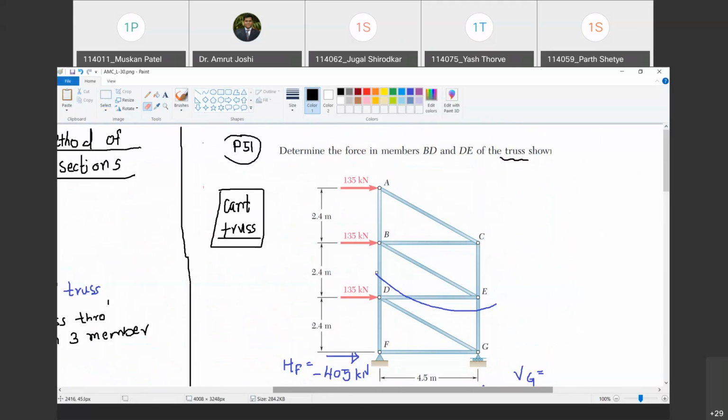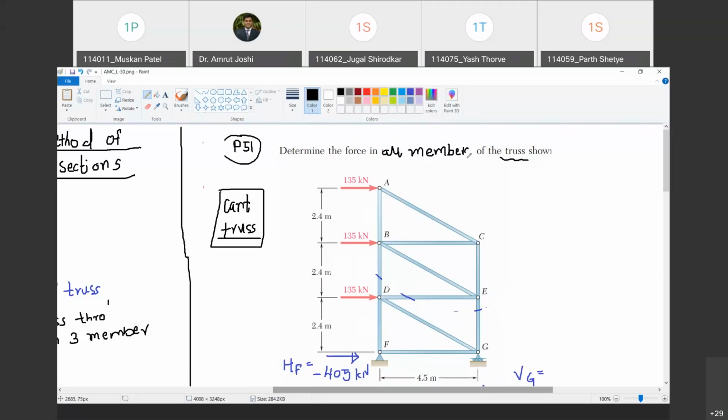So what is the problem statement now? Problem statement now is calculate or compute forces in all the members. That I am going to change this. All members.